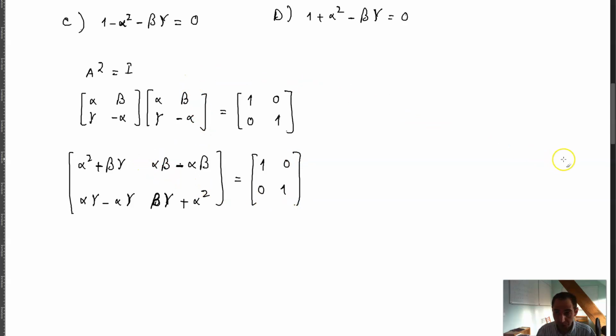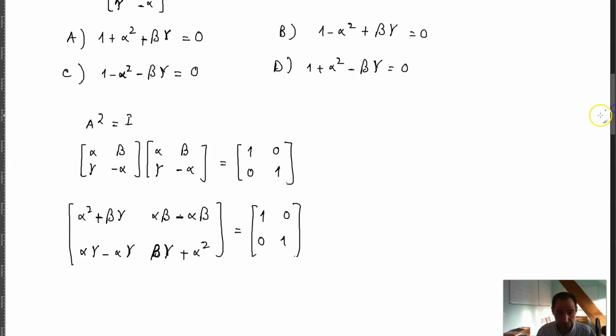Now what we are looking for here is, first of all, I know that based on these matrices, this would be 0, this would be 0, so I know that alpha squared plus beta gamma is equal to 1.